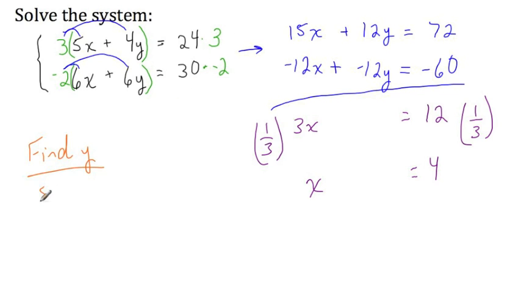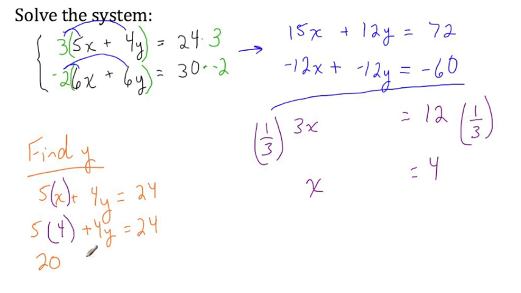I'm going to use the first equation, 5x plus 4y equals 24. And I'm going to substitute in x, so it's going to be 5 times, and we found x to equal 4, plus 4y equals 24. Simplify. 5 times 4 is 20.